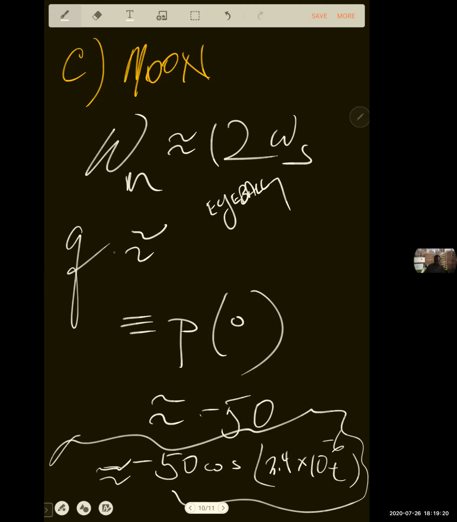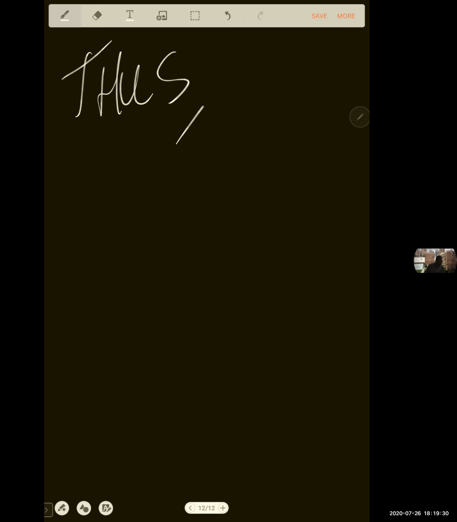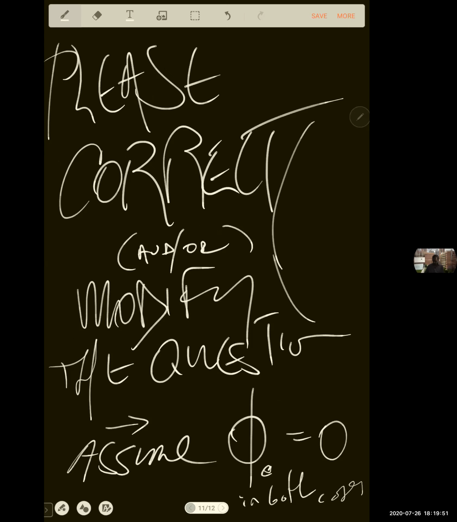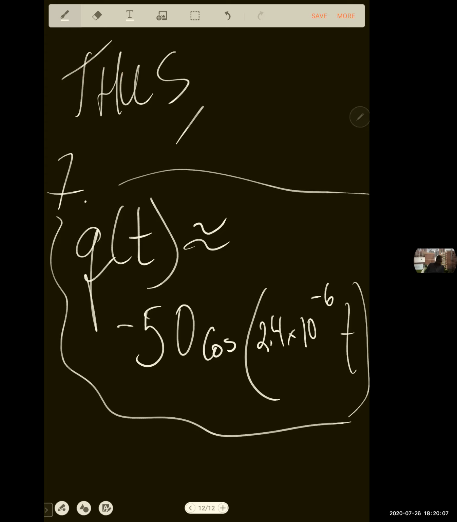To be clear, I'm saying the answer to 7 is Q of T approximately equals negative 50 times cosine of 2.4 times 10 to the negative 6 of T times T. Okay, that's what I think the answer is to Q is good enough. And that's for question 7.